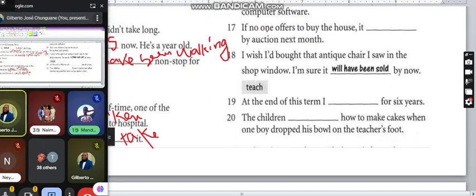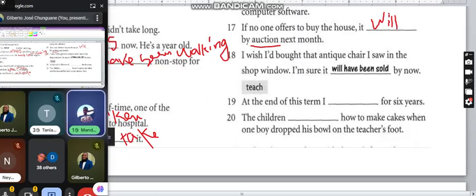Now we have here: if no one offers to buy the house, it will be sold by auction. Armando, I want you to pronounce this word again. Can you see the word that I've underlined in this sentence? Can you pronounce it again?